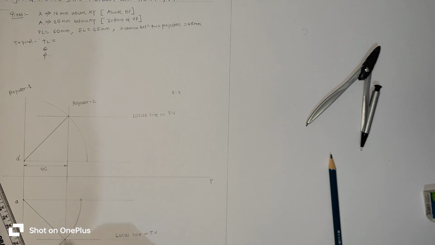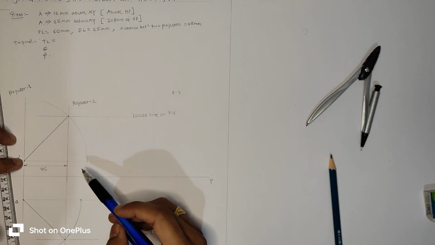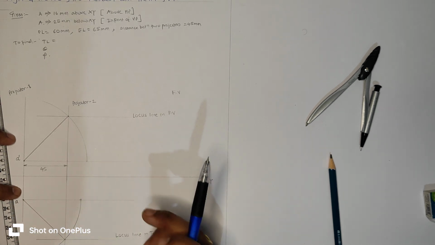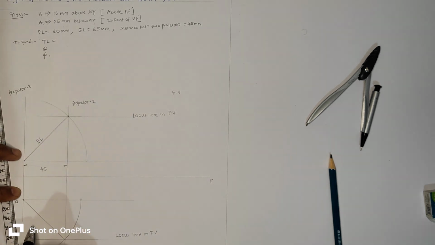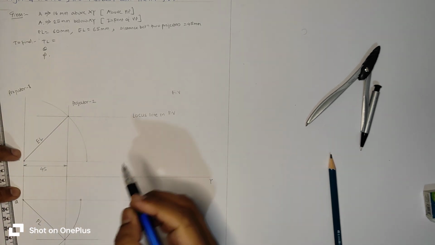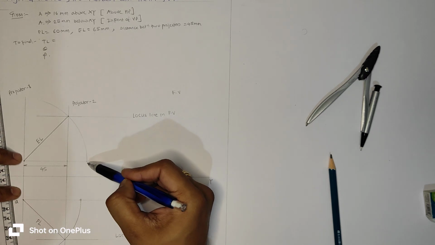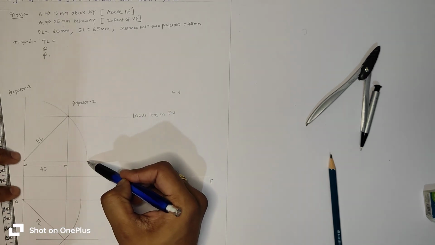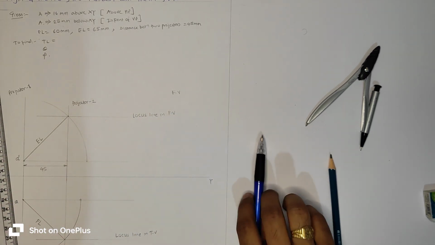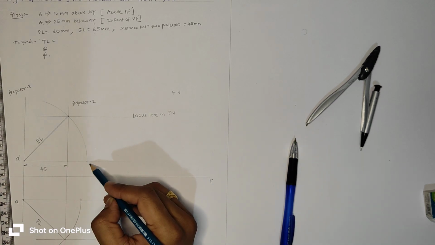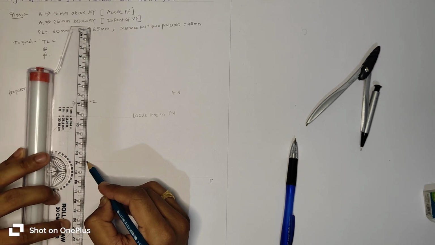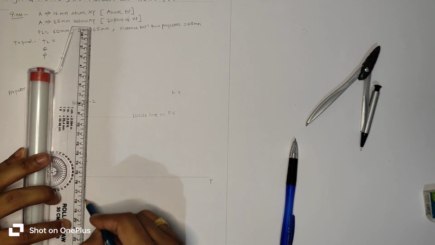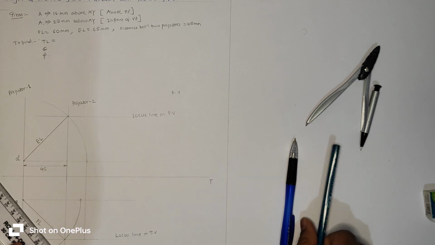Now on the locus line there should be the end point of the true length. The true length means actual length, right? Elevation length means the front view of a length, and plan length means the top view of a length. If we take the projection of this point from the front view area into the opposite area, the top view area, up to the locus line, then we will get the end point of the true length.